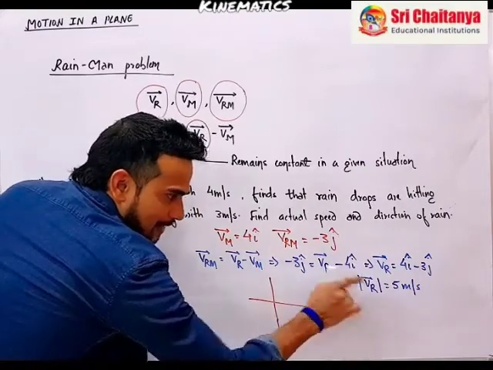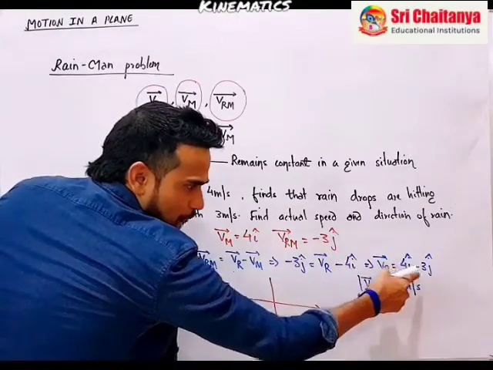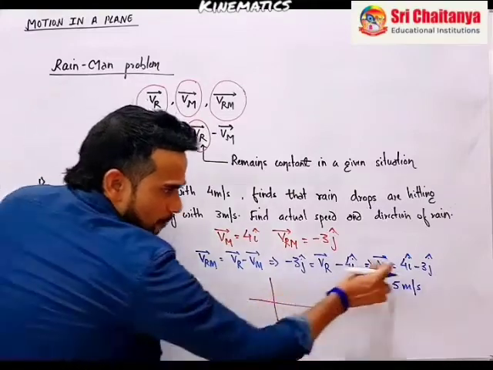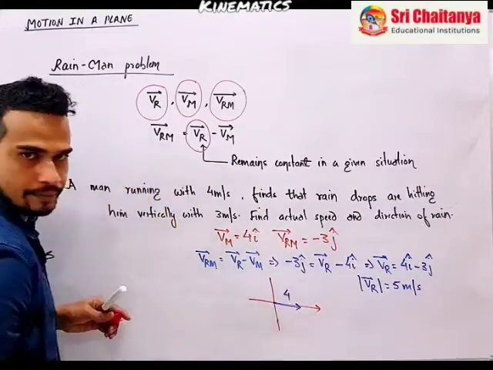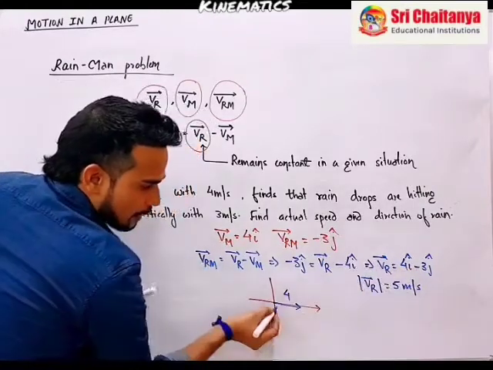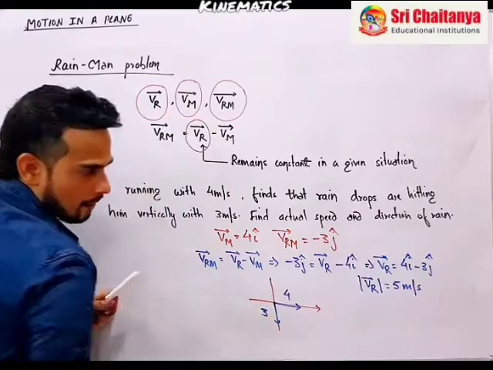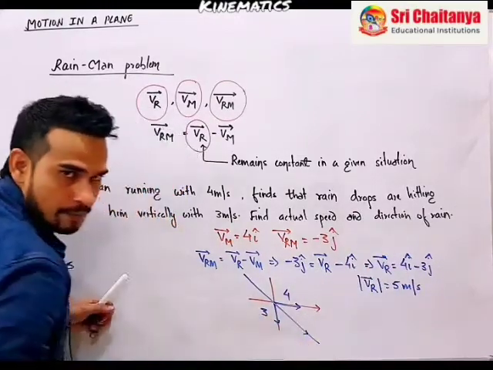The actual velocity of rain has two components: along the positive x-axis, 4, and along the negative y-axis, 3, minus 3 j cap. This is the net result.